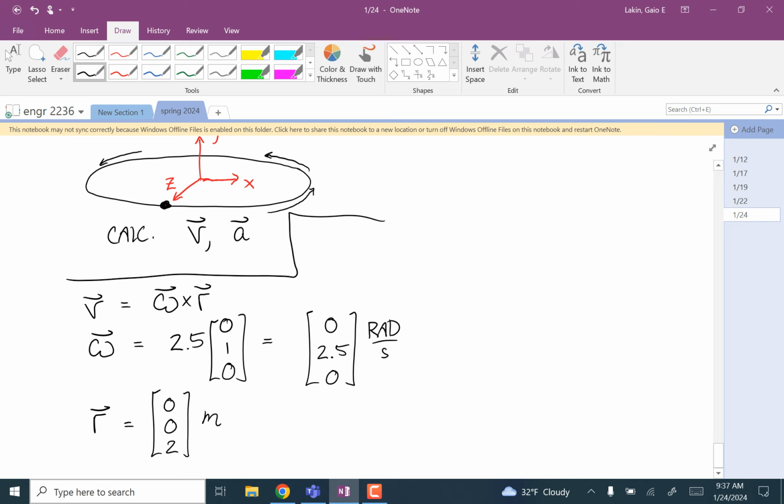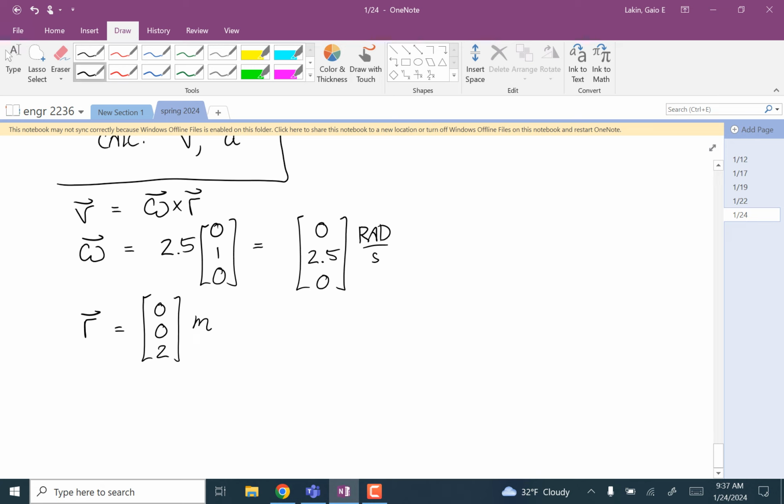That's in meters. And so the velocity vector is 0, 2.5, 0, crossed with 0, 0, 2. And you get an x component of 5, 0, 0.